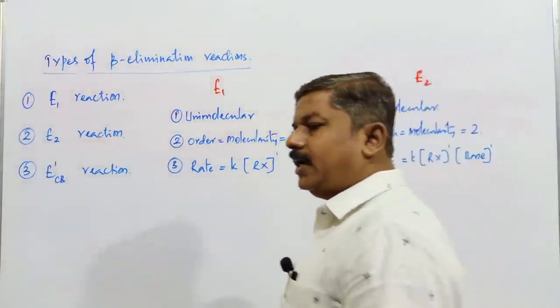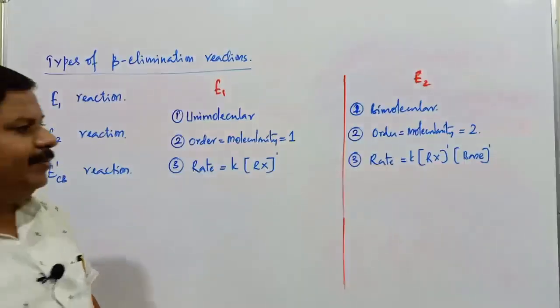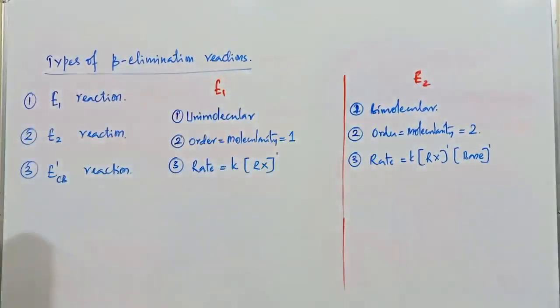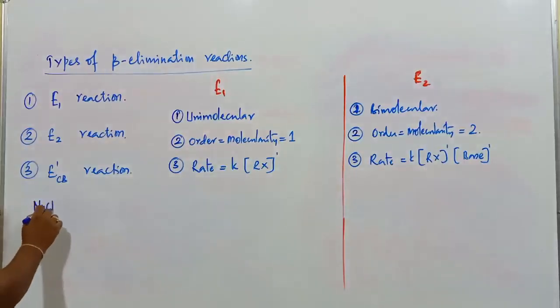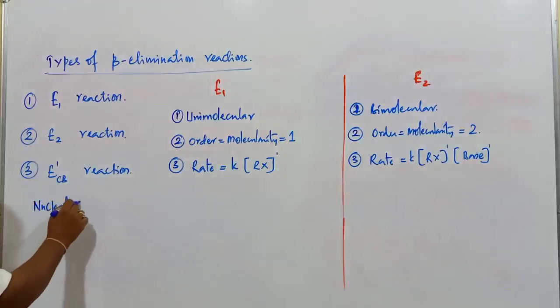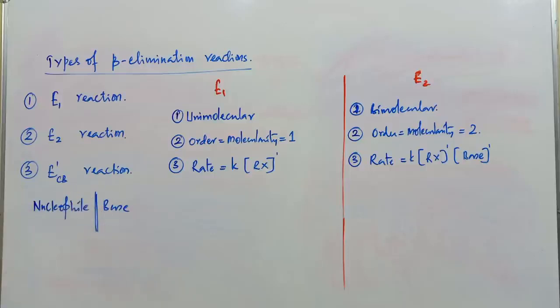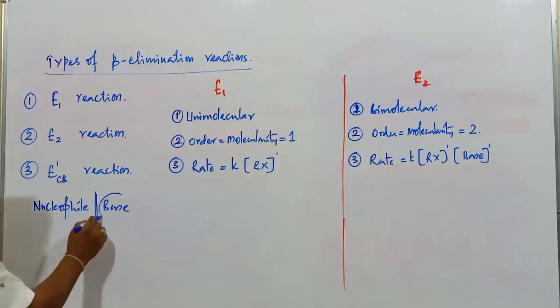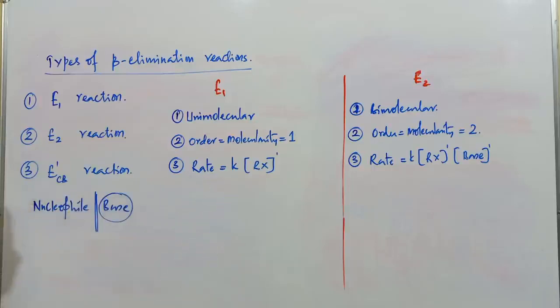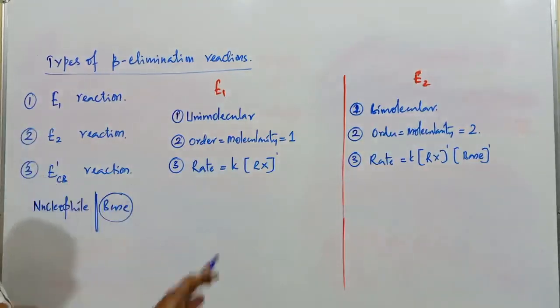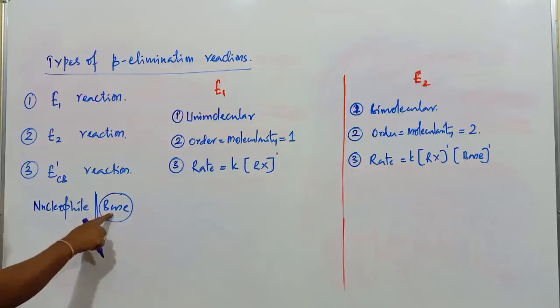In SN1 and SN2 reaction, instead of base, we used to mention nucleophile, but here base is going to be used. The same substance can act as nucleophile as well as a base. Base is a species which removes the proton. Any negatively charged species or neutral molecule which is able to remove the proton or positively charged species is generally acting as a base.